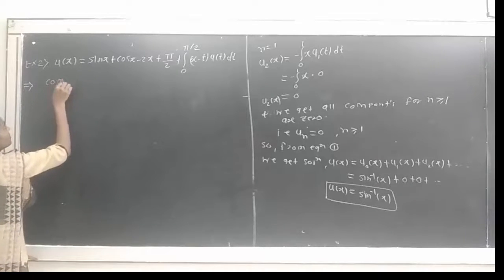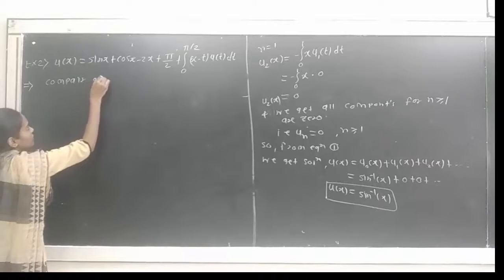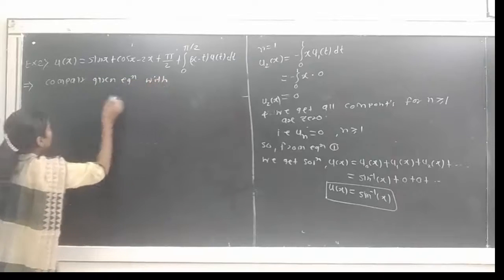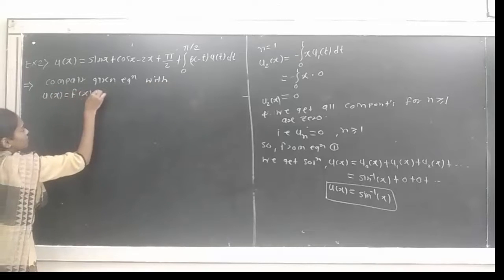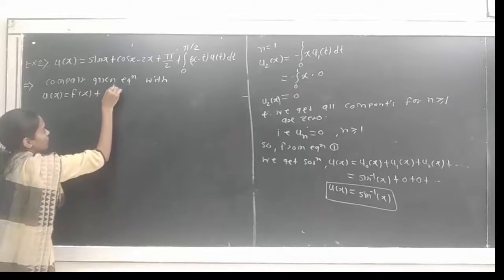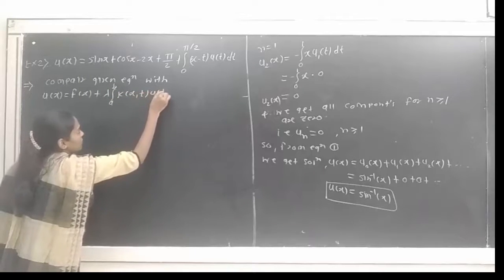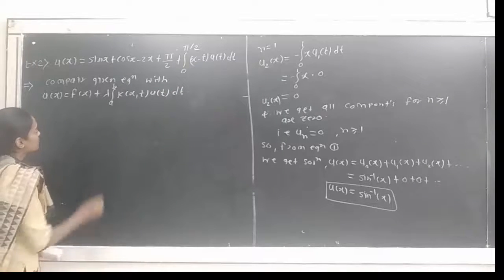First we compare the given equation with u of x is equal to f of x plus lambda integration from a to b of k of xt into u of t dt, that is, with the standard Fredholm integral equation of second kind.